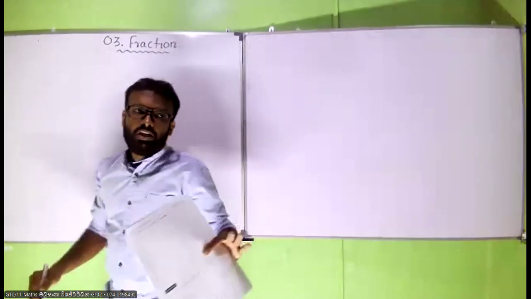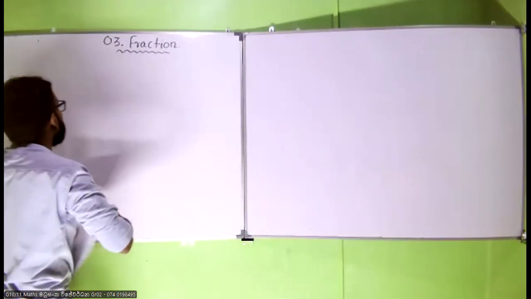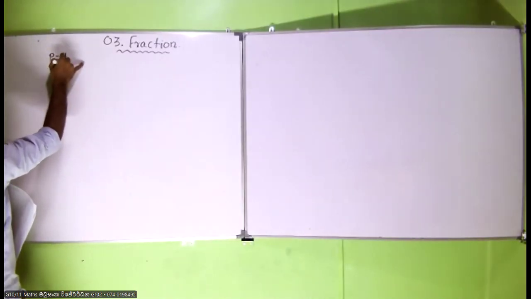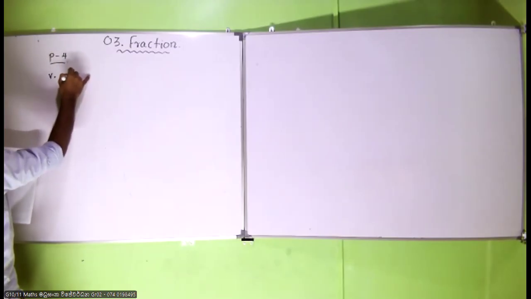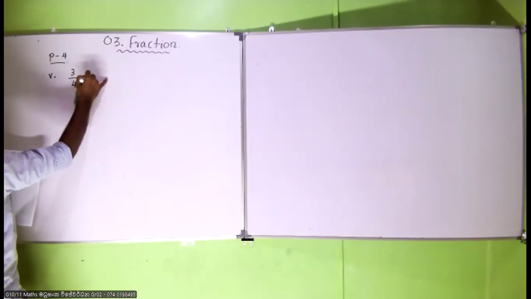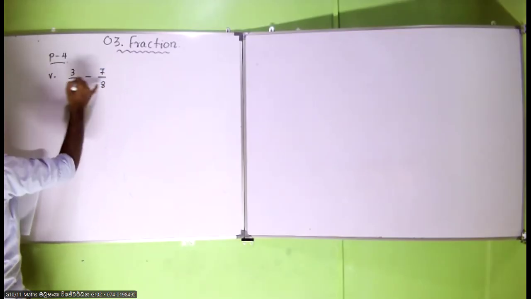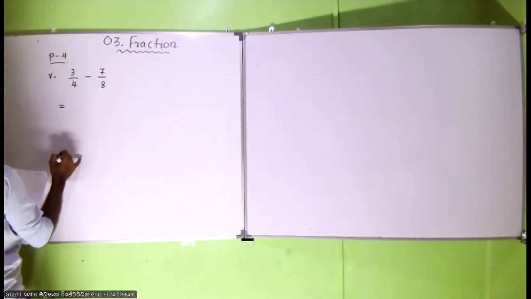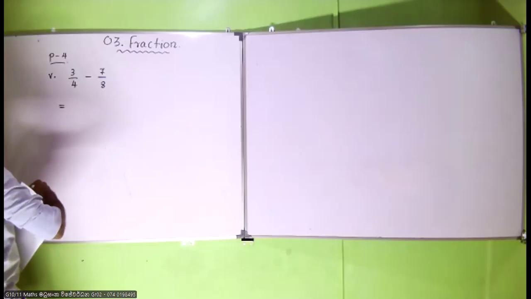Now the very easiest one is fifth one. Page number 4. Fifth one. What I see is 3/4 minus 7/8. Right? 4 and 8.